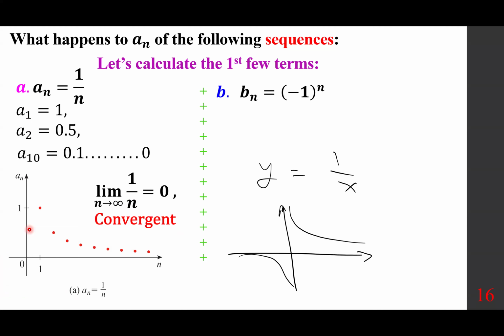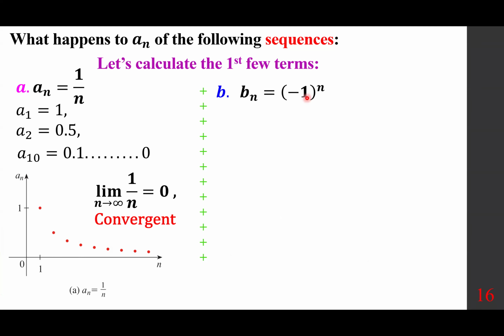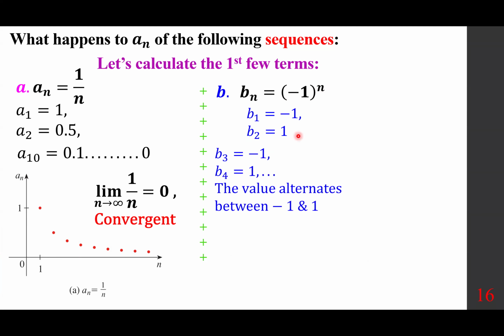All right, what about this one? Now, if I put n equals 1, I get -1. If I put 2, I get positive 1. So it appears that if n is odd, I get -1. If it's even, I get +1. And so the values seem to be alternating between -1 and 1.